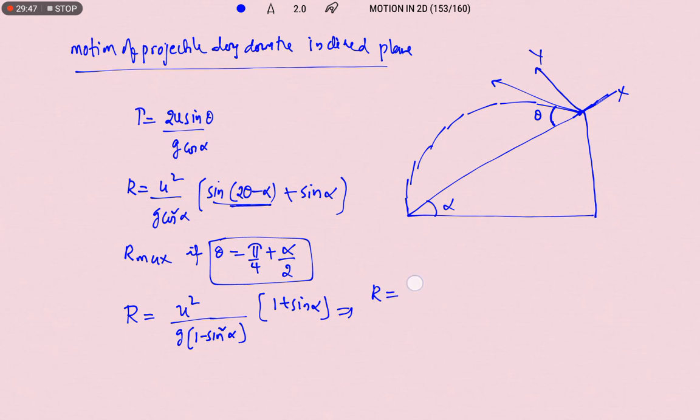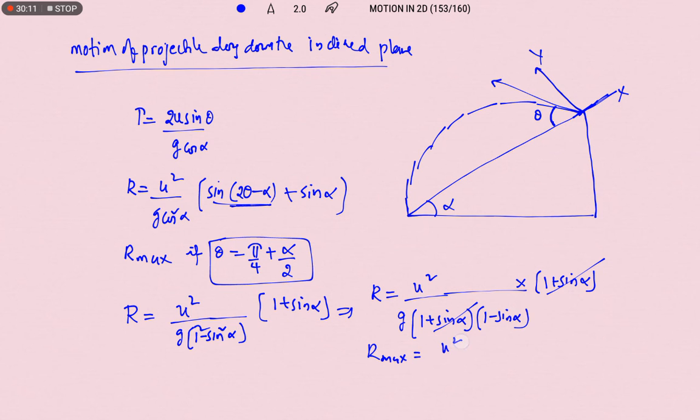Therefore R equals u square by g, in the same format a square minus b square, so we write this as 1 plus sin alpha into 1 minus sin alpha, and again in the numerator we have 1 plus sin alpha. So 1 plus sin alpha and 1 plus sin alpha get cancelled, so the range maximum equals u square by g times 1 minus sin alpha. This is the motion of the projectile down the inclined plane.